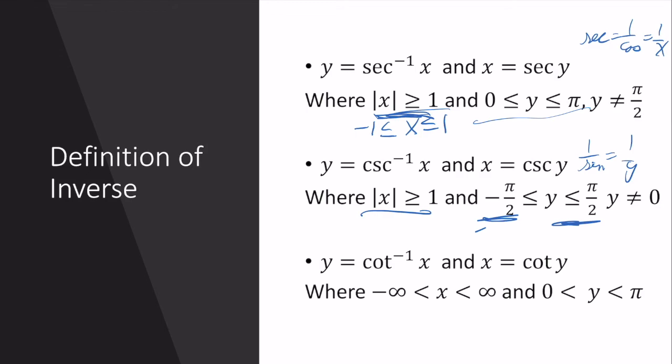And with cotangent, again, it's going to have the same domain as arc tangent, but remember, the outputs, our thetas, are only going to be between 0 and pi. So let's use this information to find some exact values of arc secant, arc cosecant, and arc cotangent.